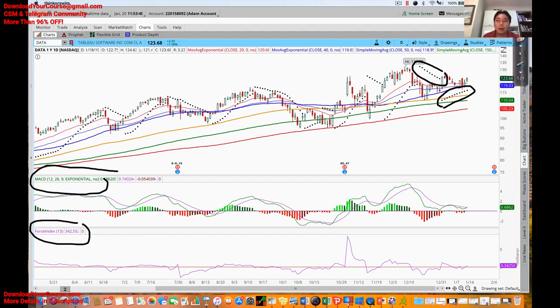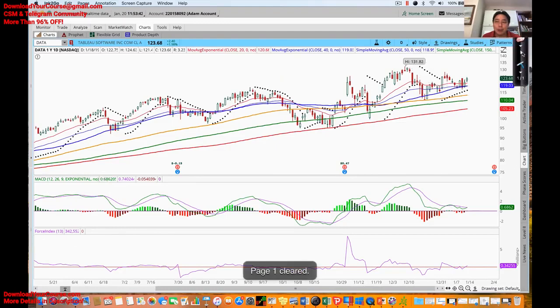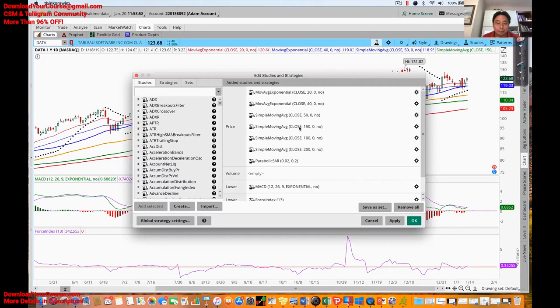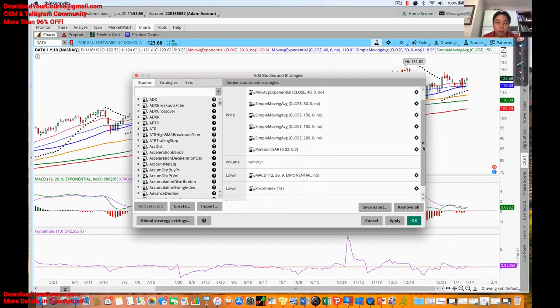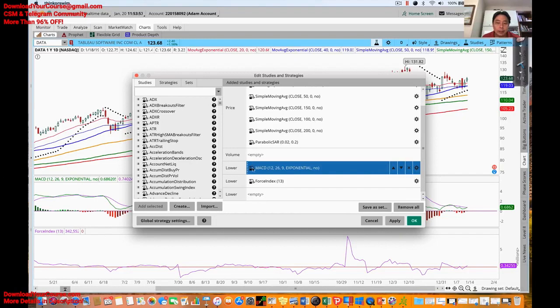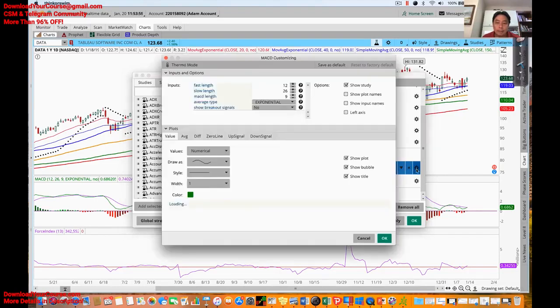Now before that, I'm going to change some of the colors to my favorite colors. So first I'm going to look at the MACD. As you can see, there's a green and purple line, which I don't like the colors. I'm going to change it. So I'm going to go to the studies. Now go to MACD. Over here, I'm going to click on edit.